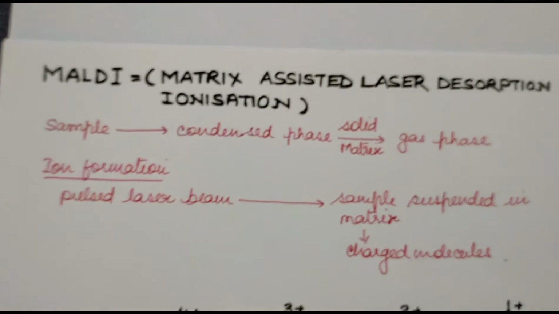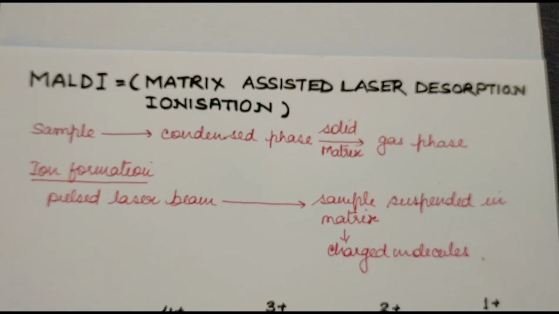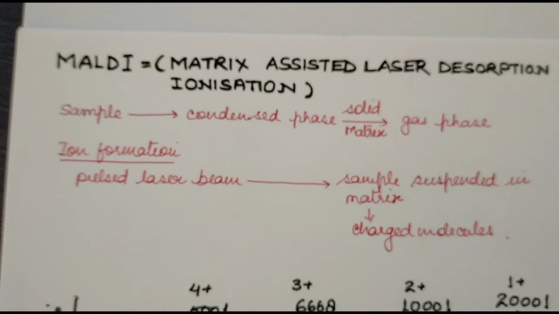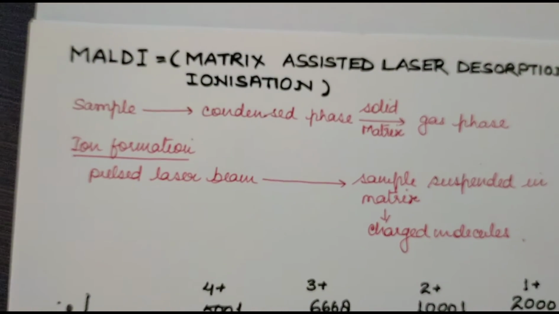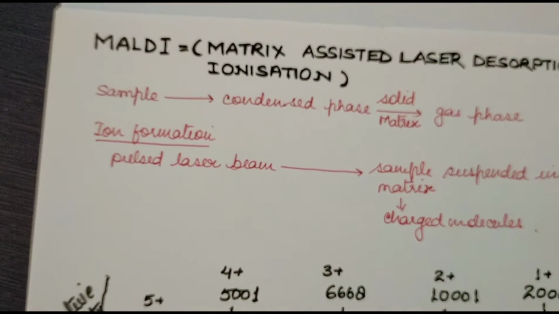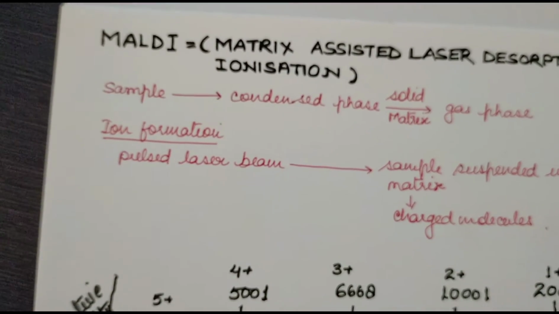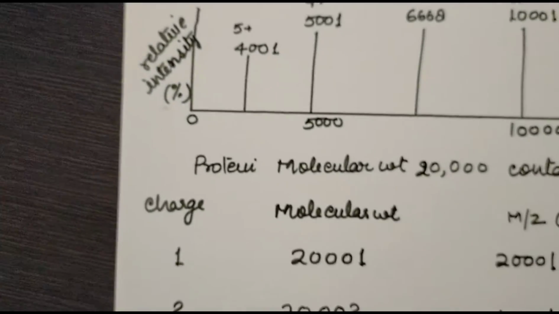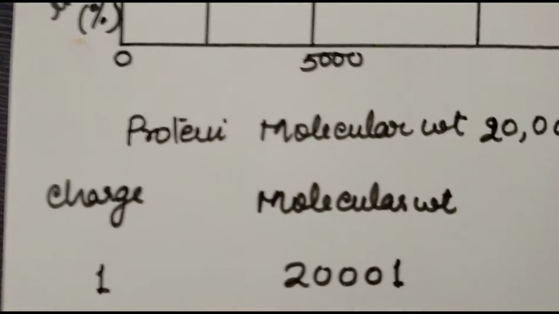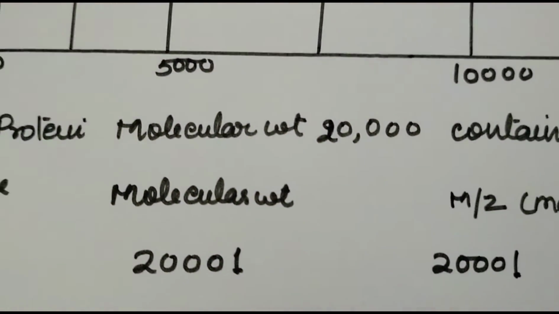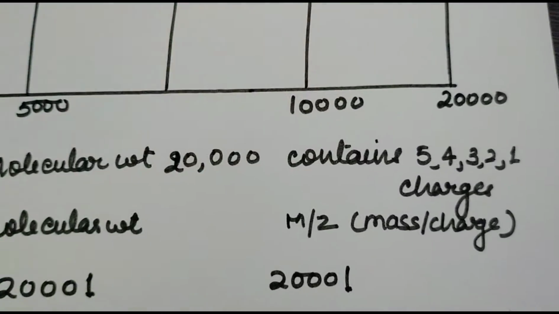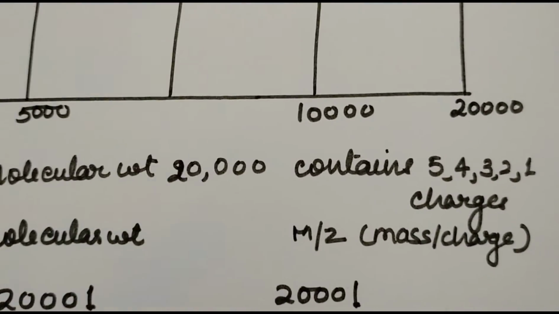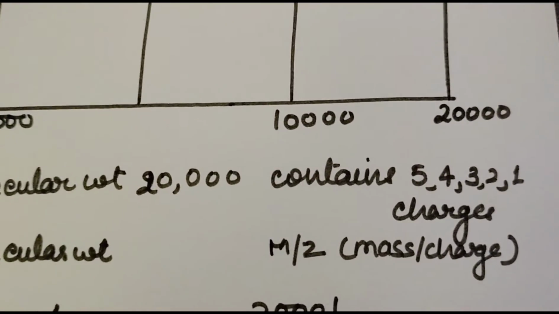Now I'm going to give you an example which shows the importance of the mass spectrometer, why it is unique and very compatible for protein structural information. Suppose we take a protein whose molecular weight is 20,000, and it has 5 charge forms: 5, 4, 3, 2 and 1.